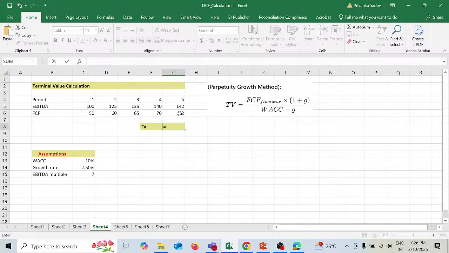FCF of the final year, you can see, is 72.